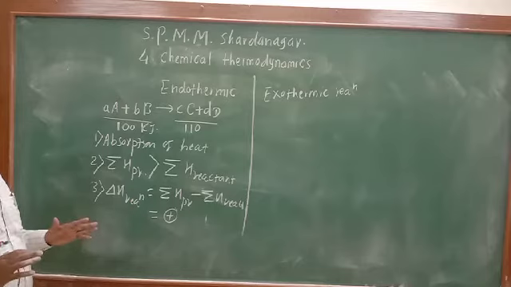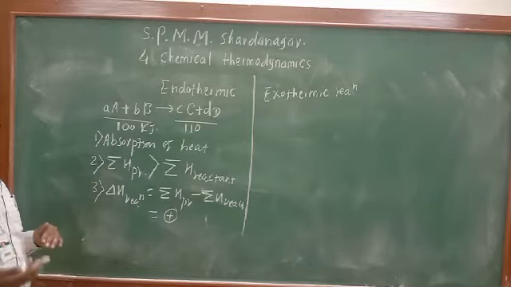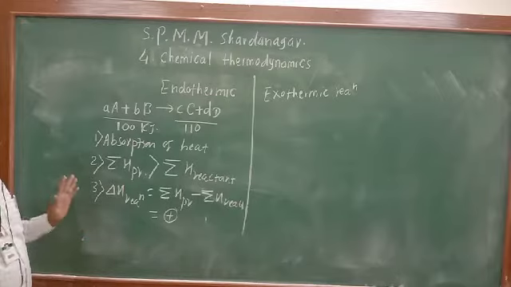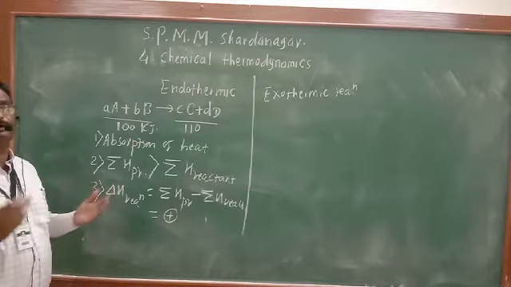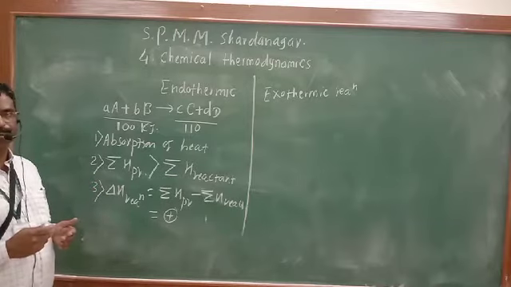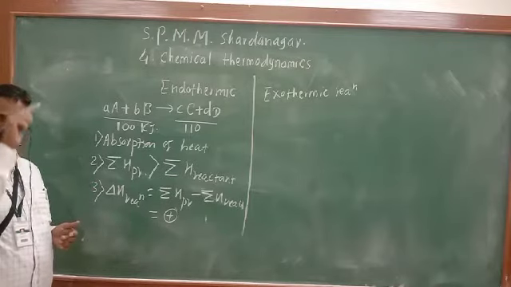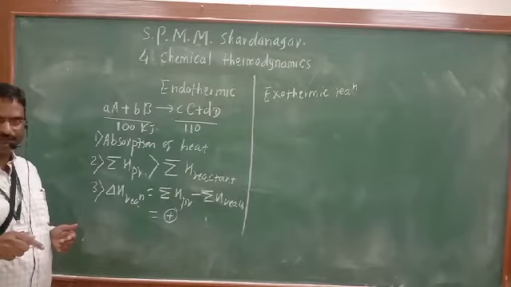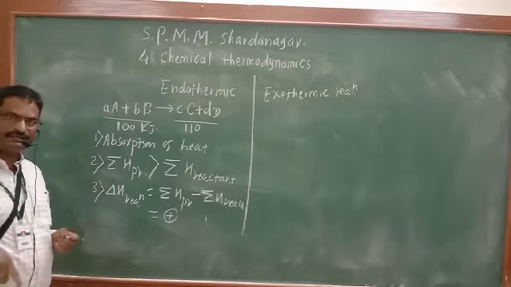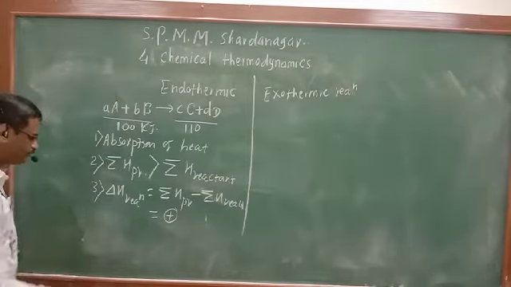Enthalpy or heat and stability are inversely proportional to each other. Enthalpy increases, stability decreases, or enthalpy decreases, stability increases.